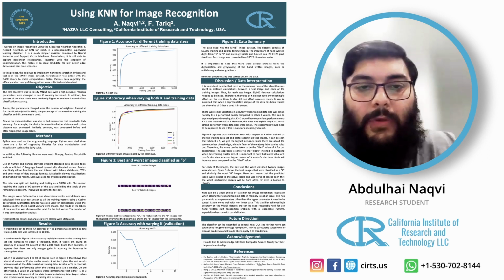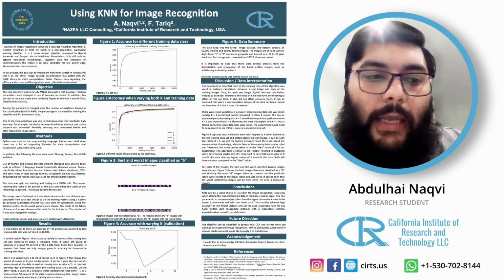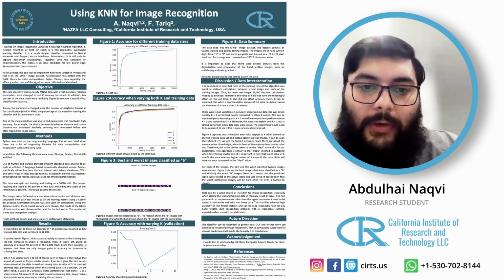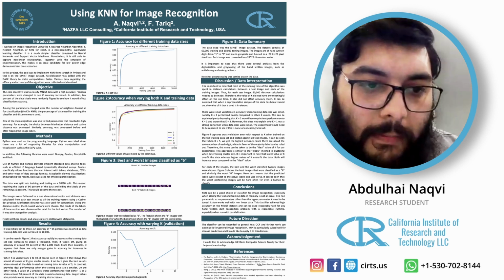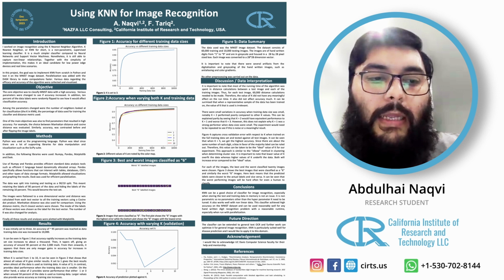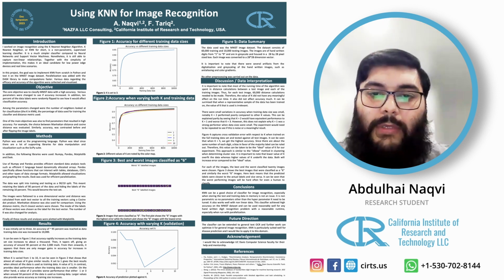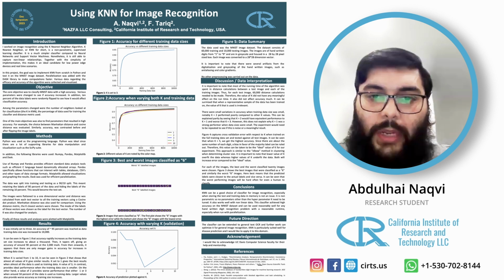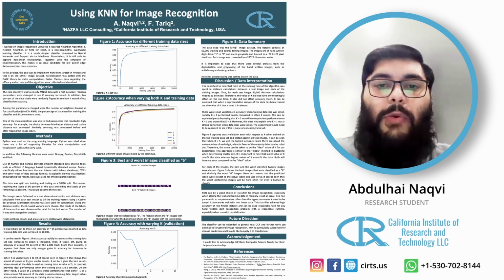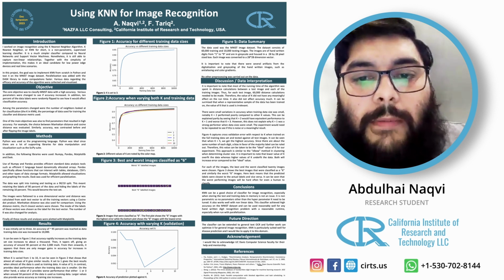The data set that I'm using is called MNIST, and it is a data set collected from US Census Bureaus and high school students by NIST. And you can see that each of the images, if you see on the poster in figure 3, they are 28 by 28 pixel images of the digits 1 to 9.